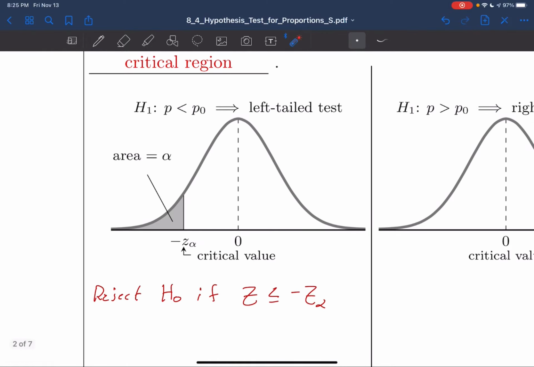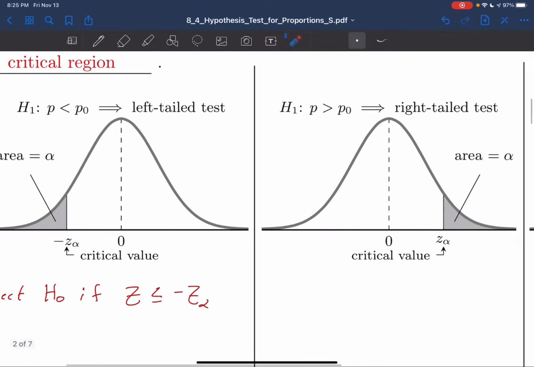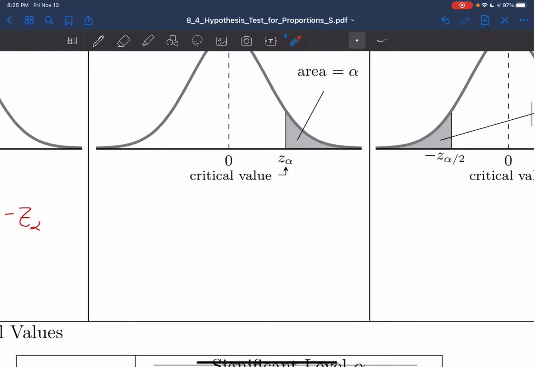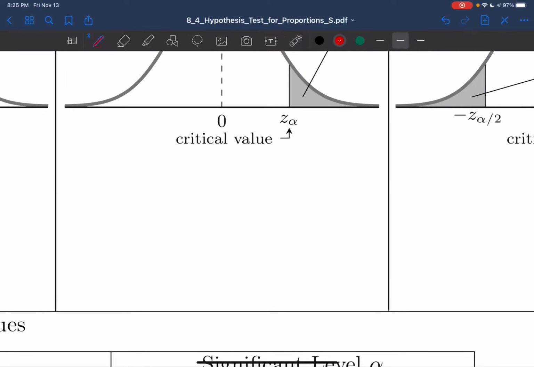This works only if we're dealing with a left tail test. If we're dealing with a right tail test, where our alternative hypothesis is p is greater than p naught, then we reject our null hypothesis if our test statistic z is greater than or equal to z sub alpha. Again, z sub alpha is just our critical value.